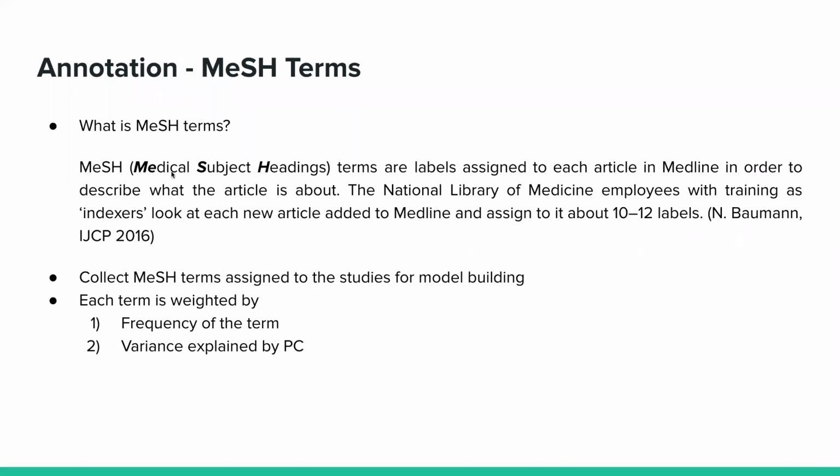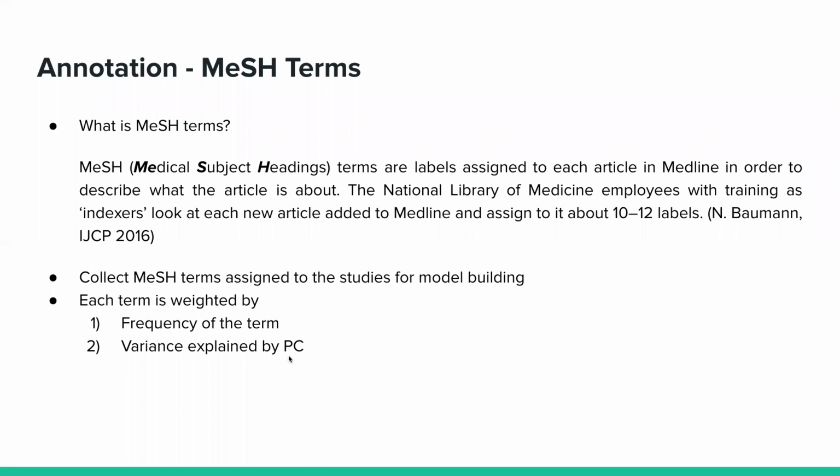The MeSH terms are just annotated based on, so they're looked up for each study that belonged to a RAV, and then counted and annotated, weighted by the frequency of the term for this RAV, and the variance explained by the PC for which it appears.